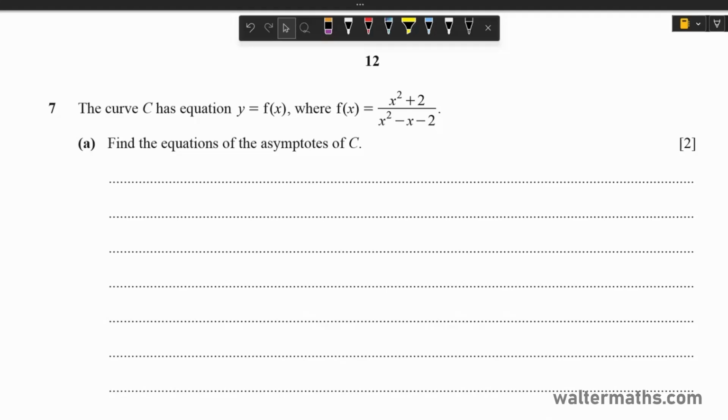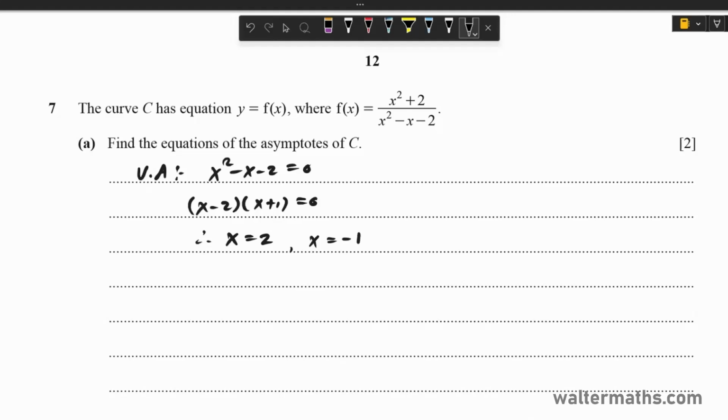So on part A, find the equations of the asymptotes of C. Let's start with the vertical asymptote, and we get that when we equate the denominator to 0, so x squared minus x minus 2 equal to 0, which is x minus 2, x plus 1 when factorized. Therefore, x is equal to 2 and x is equal to minus 1 are the vertical asymptotes.